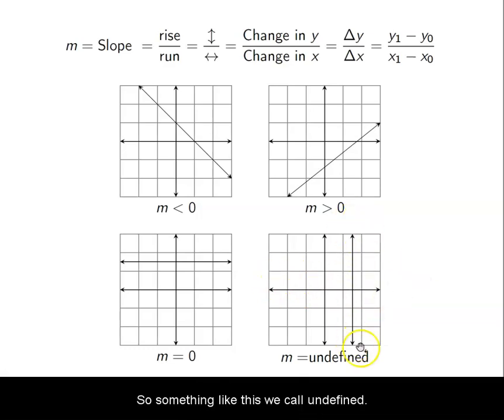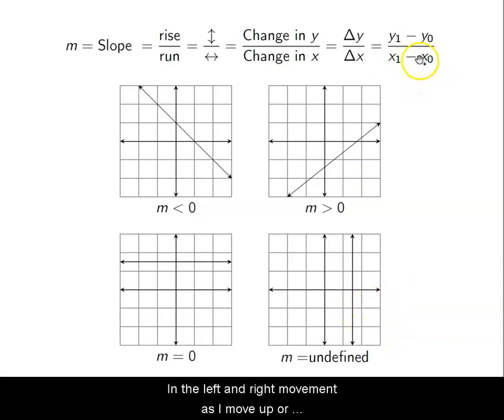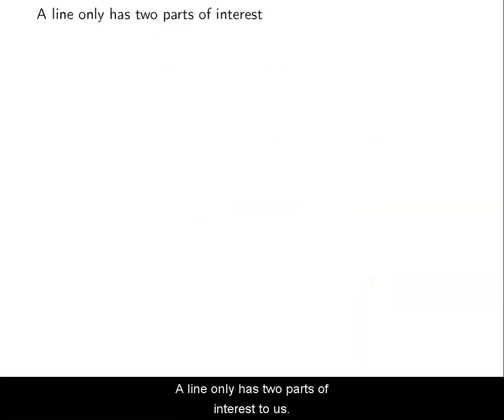So something like this we call undefined. There is 0 change in the left and right movement as I move up or down. And again, we're not allowed to divide things by 0, so algebraically it makes sense that it is called undefined.